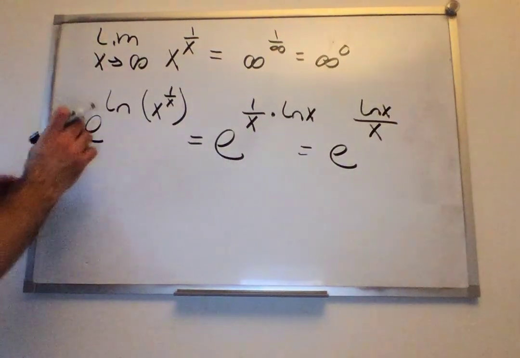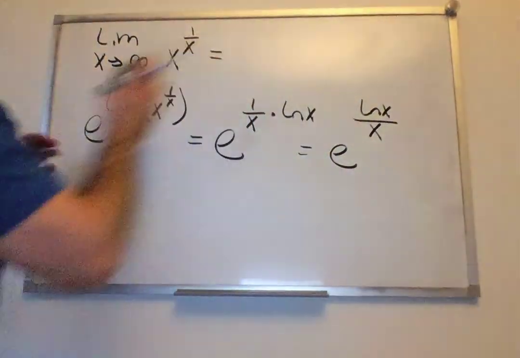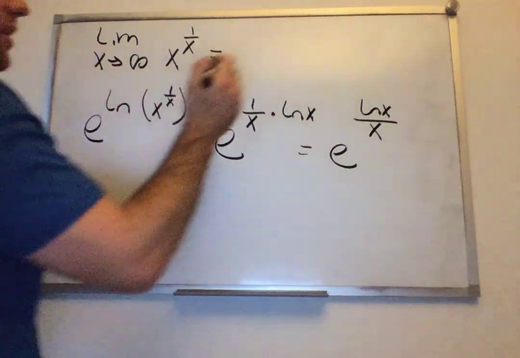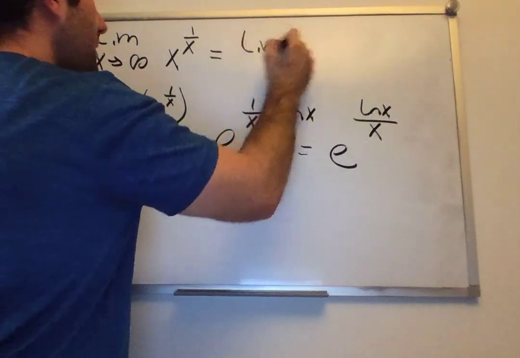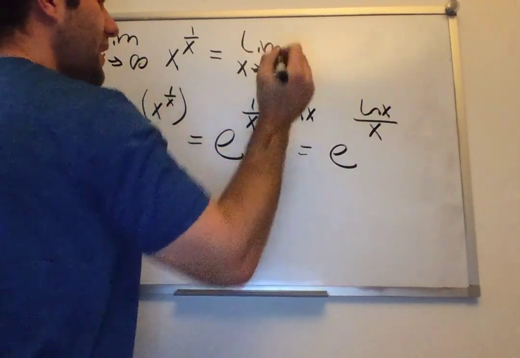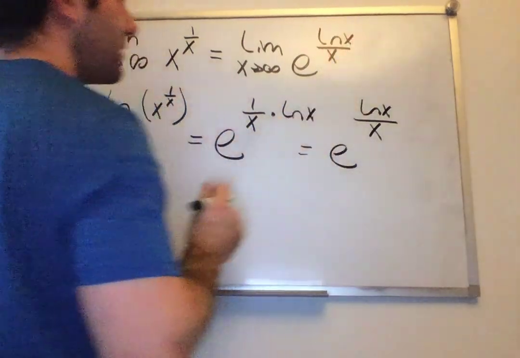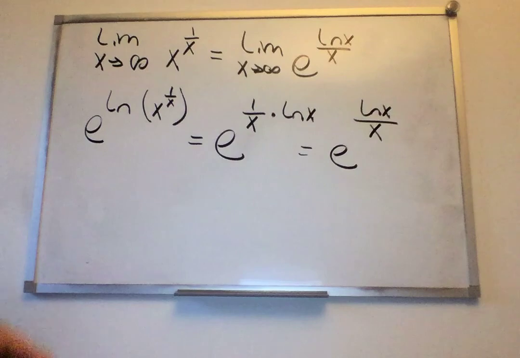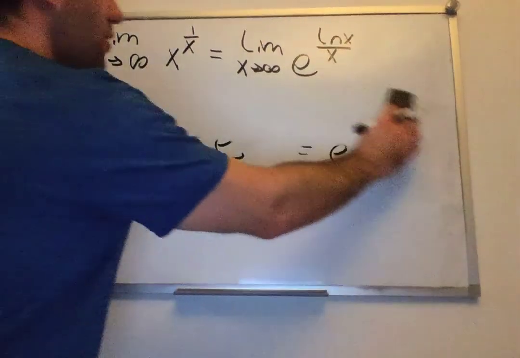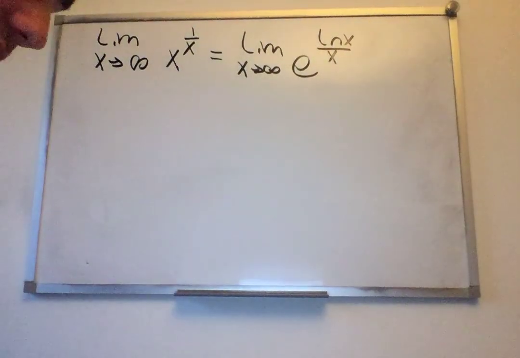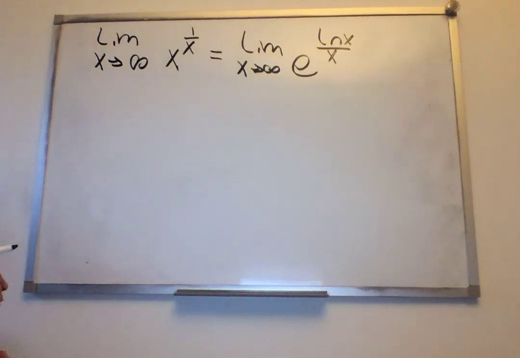So, let's see. Our original problem is equivalent to the limit as x goes to infinity of e to the ln of x divided by x. Now, we have to use a property that we came across in chapter 2.